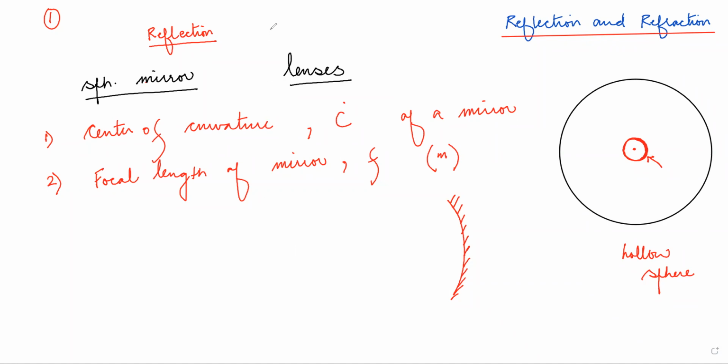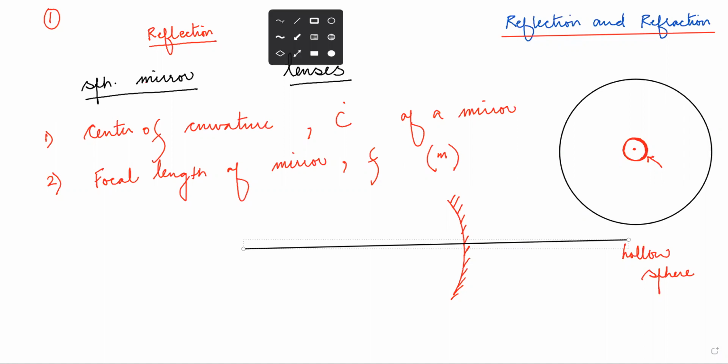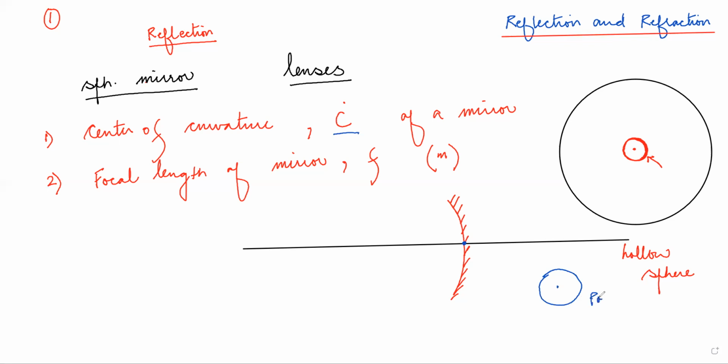This is the principal axis of the mirror, and it passes through the center of the mirror. The center of the sphere was the center of curvature, but I'm talking about the center of the mirror. If this is a small mirror, I'm talking about its center. This is known as the pole.